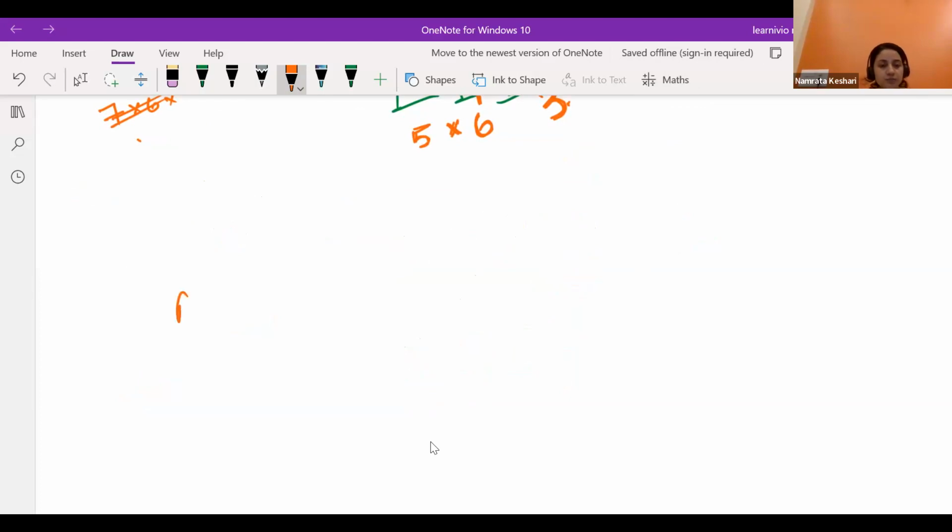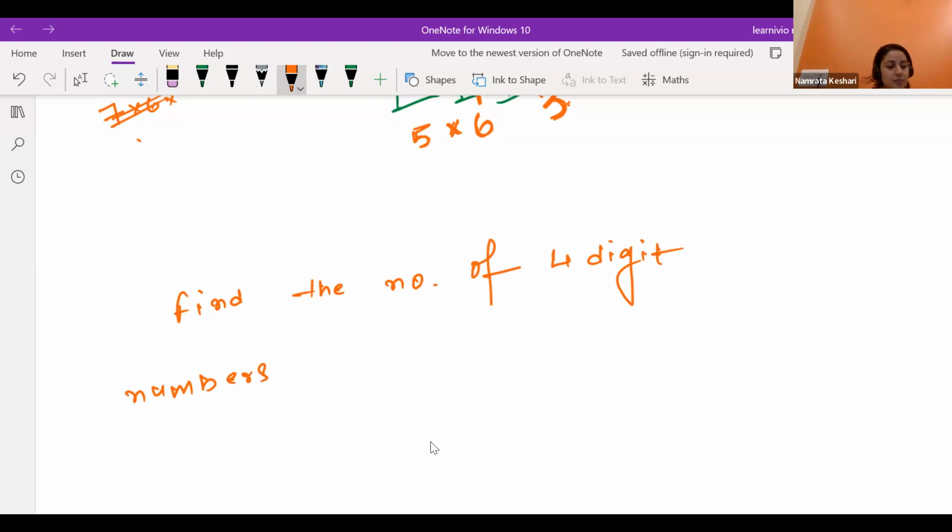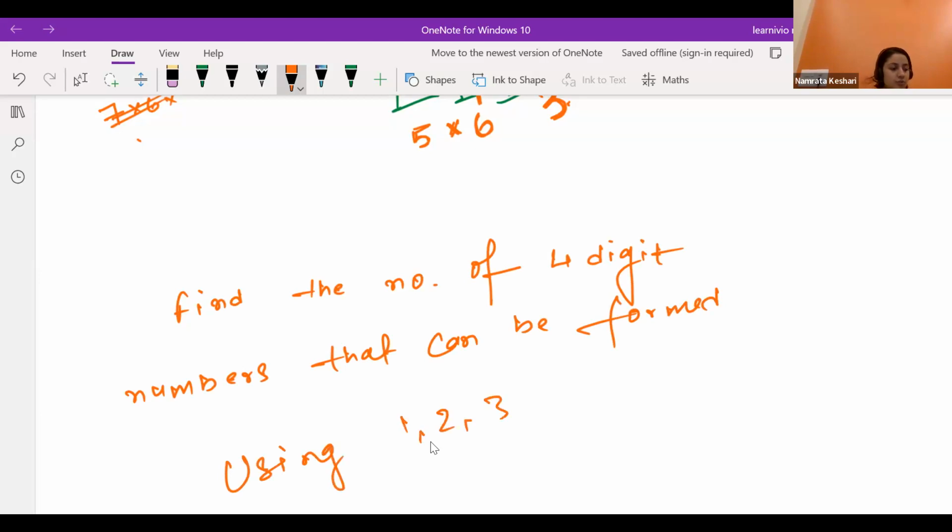Find the number of four-digit numbers that can be formed using 1, 2, 3, 4, 5.